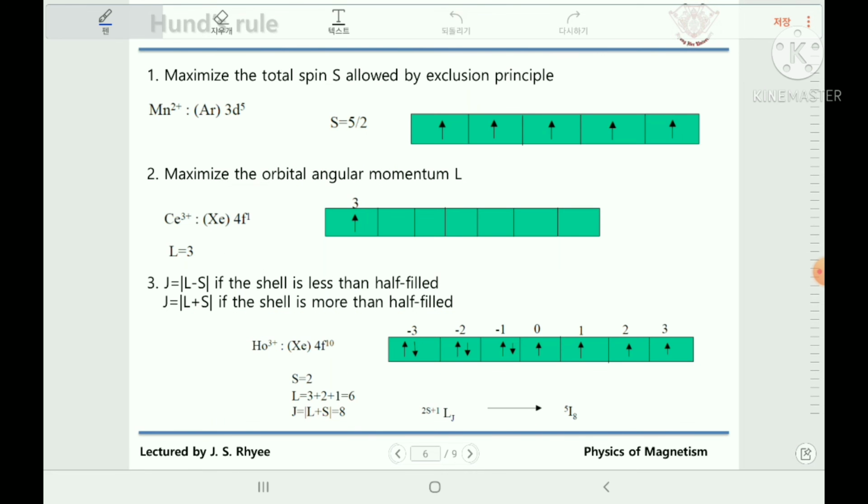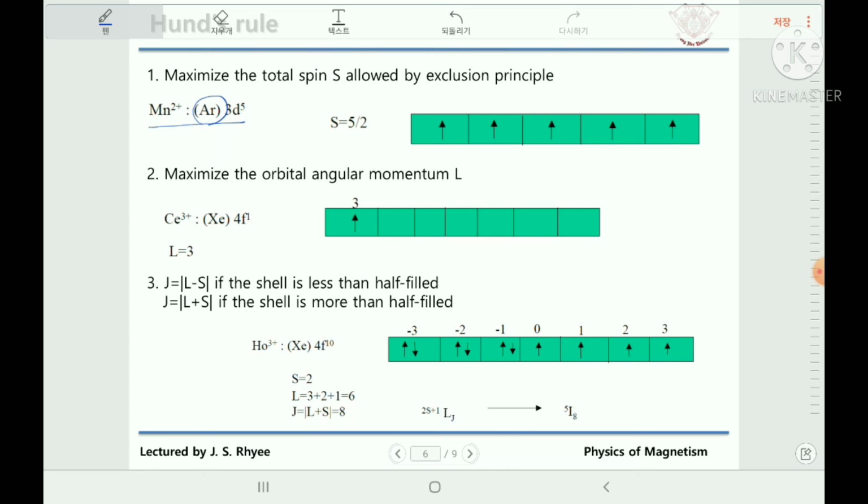Let's have an example to understand exactly. For example, in the Mn2+ case, there are 5 electrons in the outer shell, and below the valence electrons it is like argon. Argon has totally occupied orbitals.